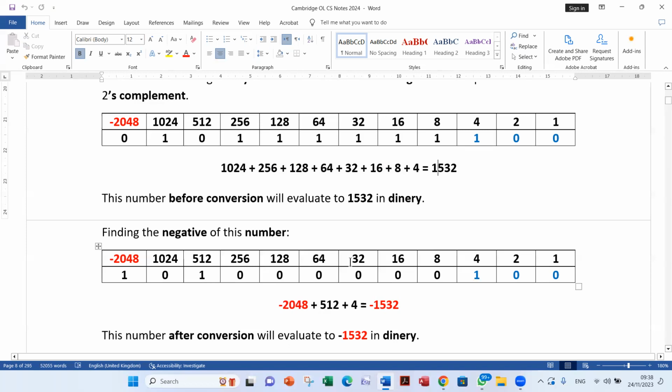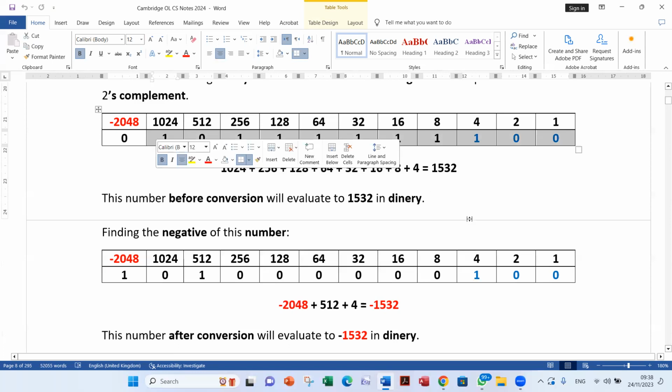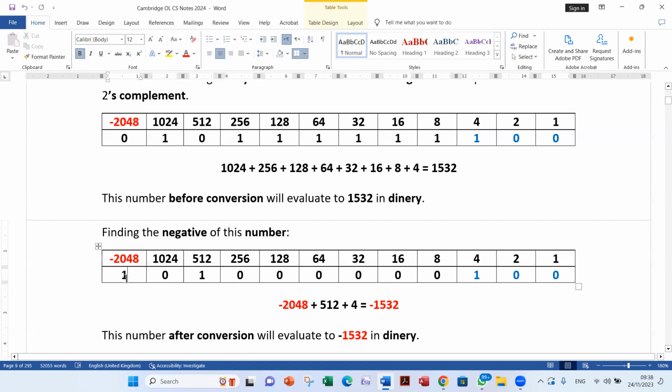So please, you yourself, add 1024 plus 256 plus 128 plus 64 plus 32 plus 16 plus 8 plus 4, as it is shown here, and get me the answer. The answer is in front of you, but please work it yourself. The number after conversion will be negative 2048 plus 512 plus 4.